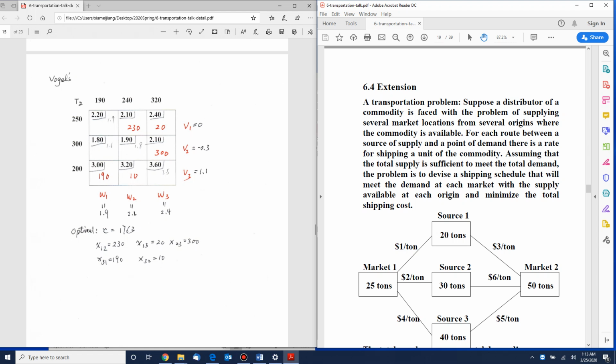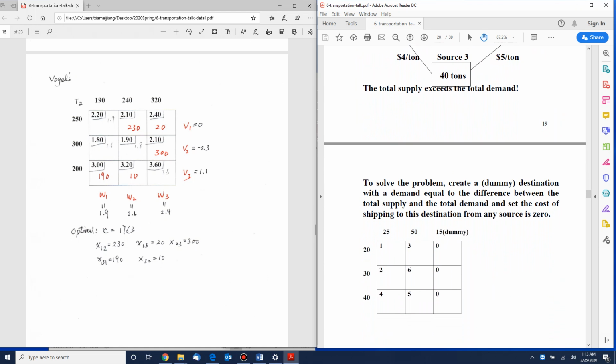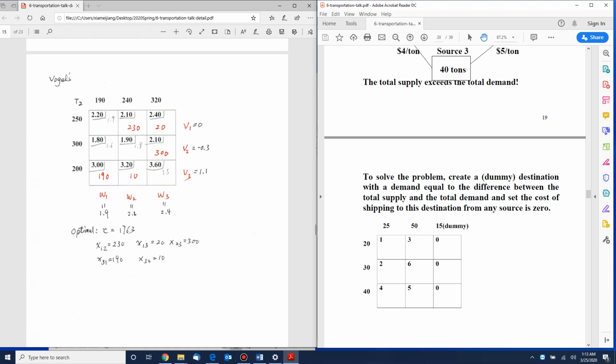And how do we deal with it? What we do is create a dummy destination with a demand equal to the difference between the total supply and the total demand, and set the cost of shipping to the dummy destination from any source to 0.